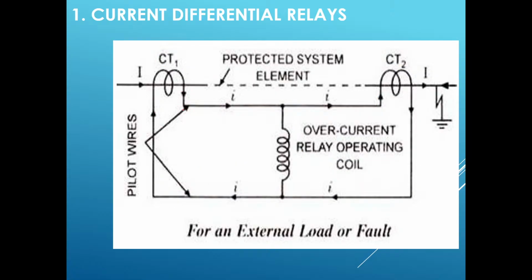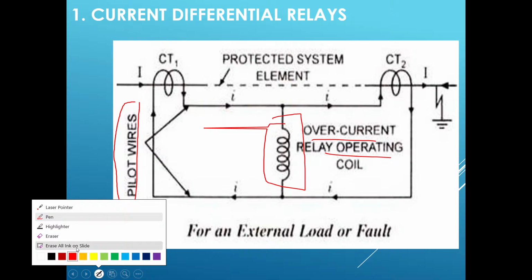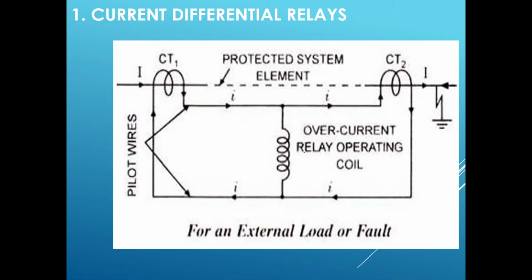The wires that are used to connect the secondaries of the CTs are known as pilot wires. This relay coil can be an overcurrent operating relay. So an overcurrent relay can be used for differential protection, we can say.